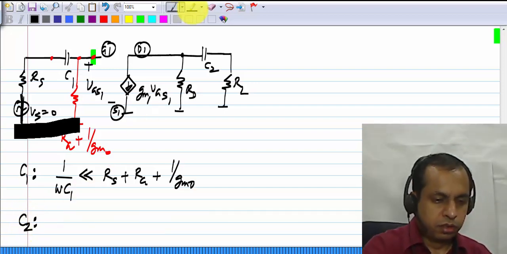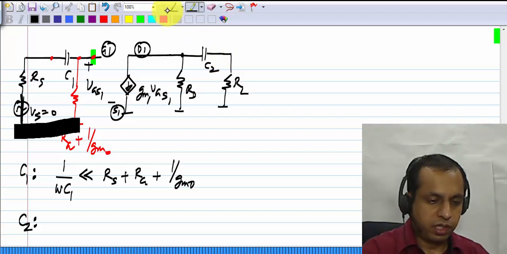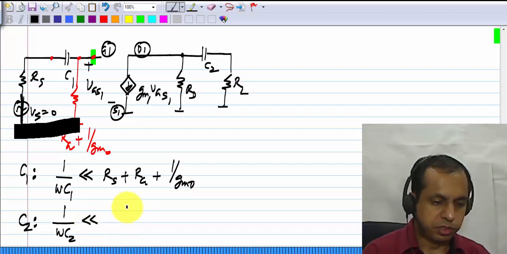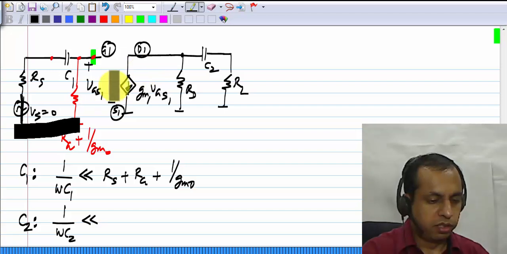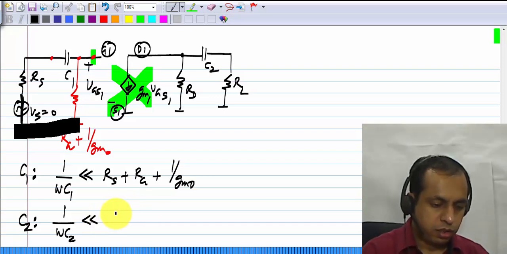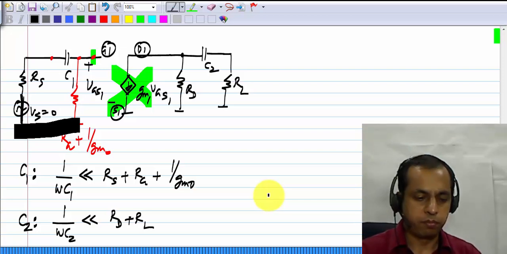Similarly, for C2 to appear like a short circuit, its reactance should be much smaller than whatever appears across it, and with the source nulled, this current source becomes an open circuit, so this is not there, and what we have are just Rd plus RL, exactly the same result we had from the original common source amplifier.